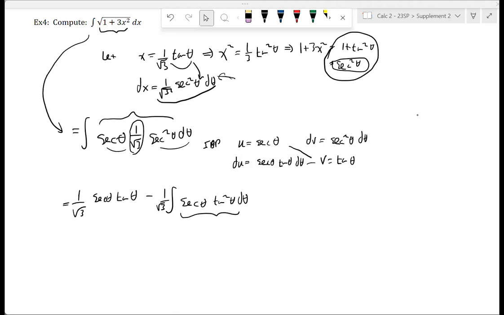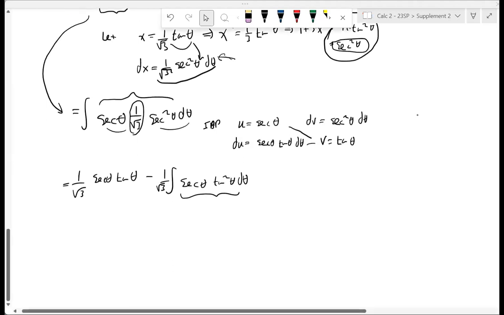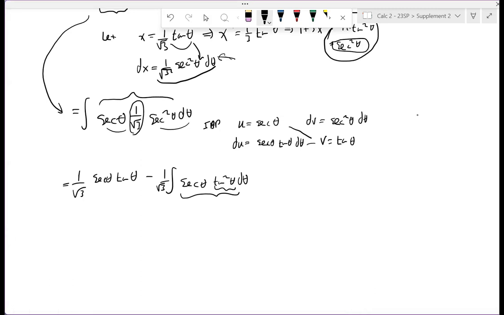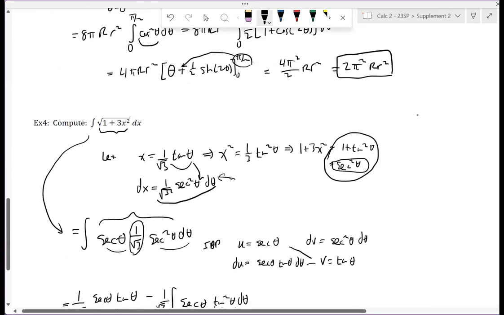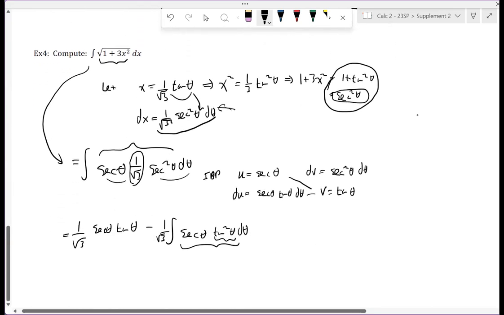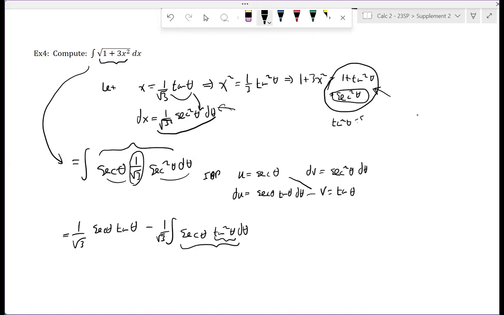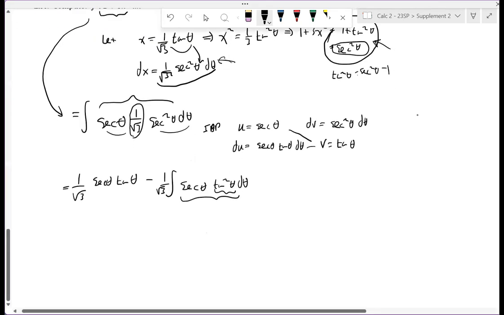Again, we're going to try to switch this tangent squared theta into a secant squared theta and try to solve for our integral. So what's that going to look like? Well, as we saw up here, 1 plus tan squared theta is secant squared theta. So tan squared theta is secant squared theta minus 1.